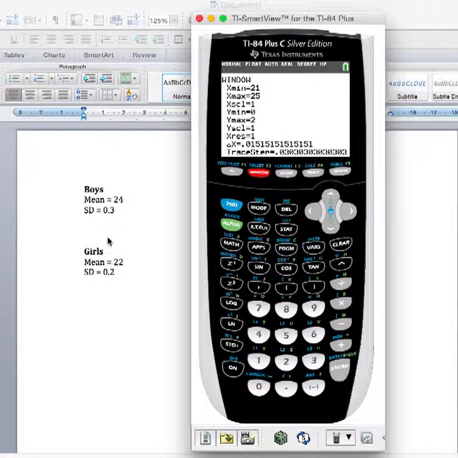For the y-scale, I'm dealing with probabilities, so somewhere around about 1. For the maximum value, I've chosen 2, so it just shows all of them. And all we do is graph it.